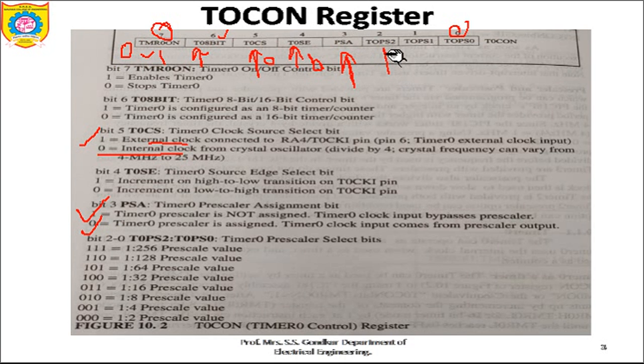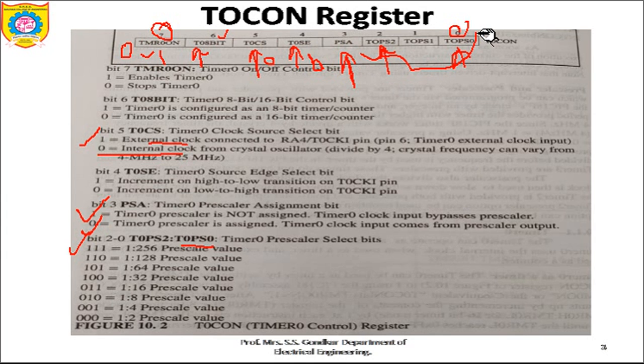Then you have bit number 2 to bit number 0. It's a range. You can see it here, from bit number 2 to bit number 0. It is T0PS2 up to T0PS0. This is the timer 0 prescaler select bits. These are 3 bits.